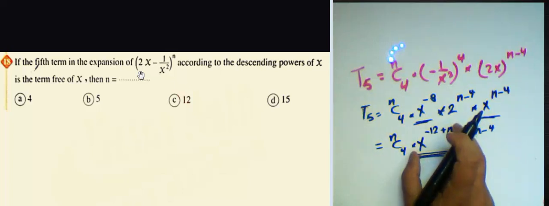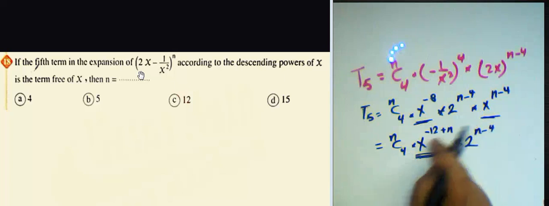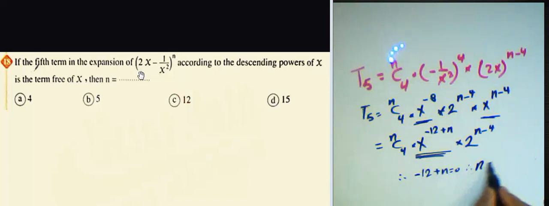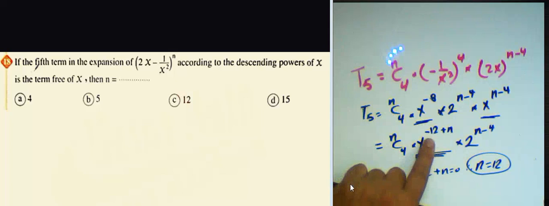We can cancel x; the power will be 0 if n equals 12. Then negative 12 plus n will be equal 0, so n will be equal 12. Choose letter C. Because it tells us the term is free of x, it means x power 0, where n equals 12, because negative 12 plus 12 equals 0.